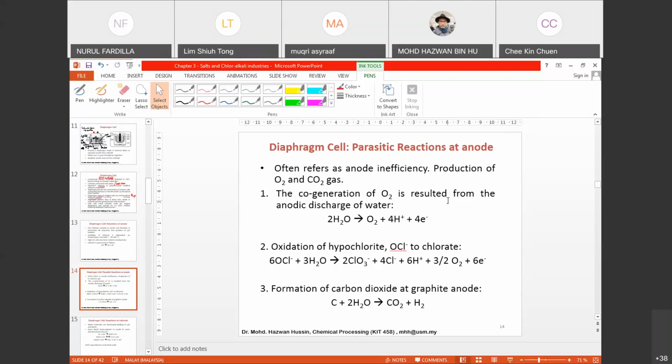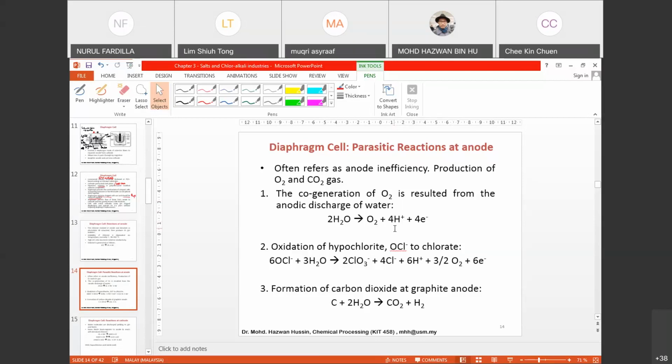This is basically due to the production of oxygen and carbon dioxide. So for the parasitic reaction at the anode, you should at least memorize or know what the reaction will be. The first one, the cogeneration of oxygen, results from anodic discharge of water.